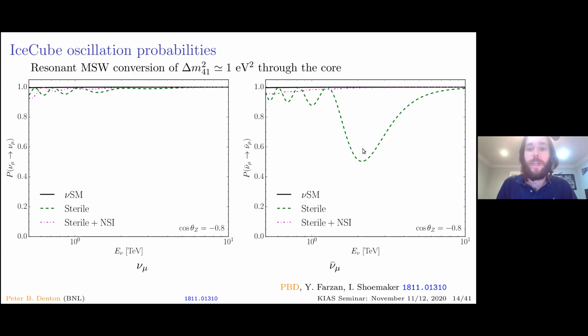The location here is a function of the delta m squared. Now if we add in a non-standard interaction in the sterile sector, with the best fit point we'll see in a second, we get back to this purple curve, which is really close to the standard model and probably indistinguishable in IceCube. That's the idea.